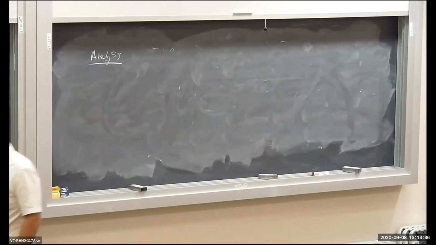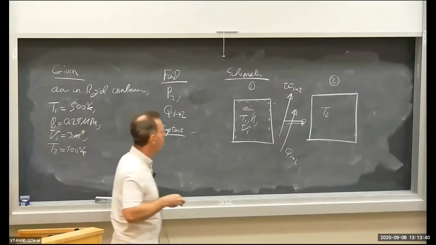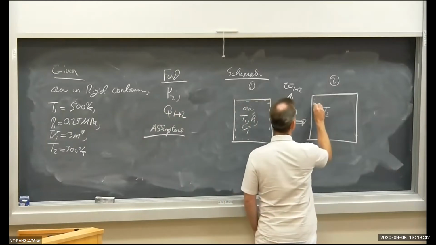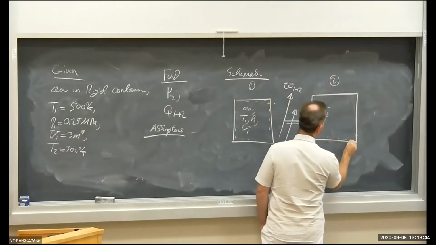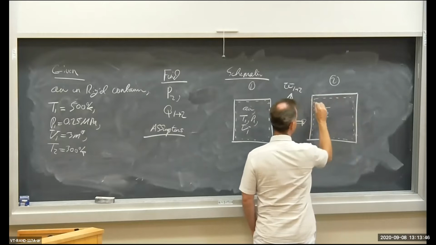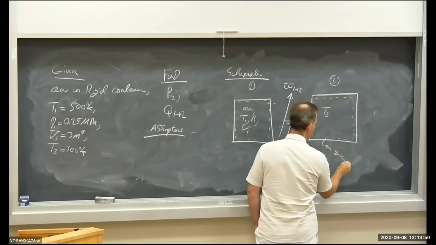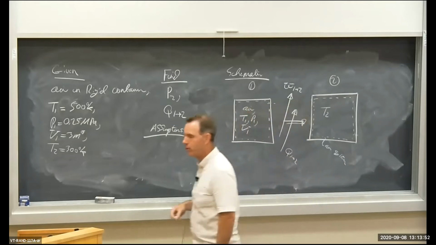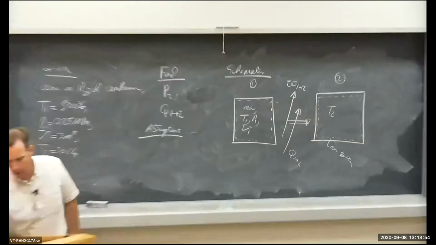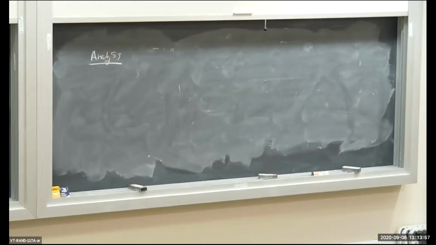By the way, before I get started, let's make sure we define our system here. You need to know what you are applying the energy balance to. So our air is our system. The air inside the container is our system. So let's apply the energy balance.